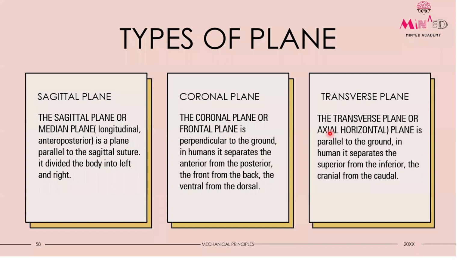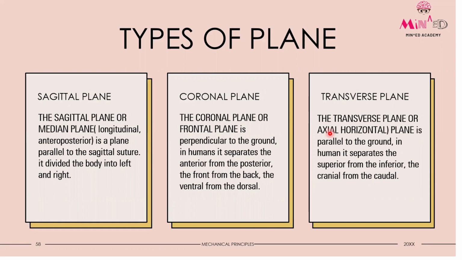Now we'll explain it in a better way. The sagittal plane, also known as the median plane, longitudinal or anterior posterior, is a plane parallel to the sagittal suture, and it divides the body into left and right.